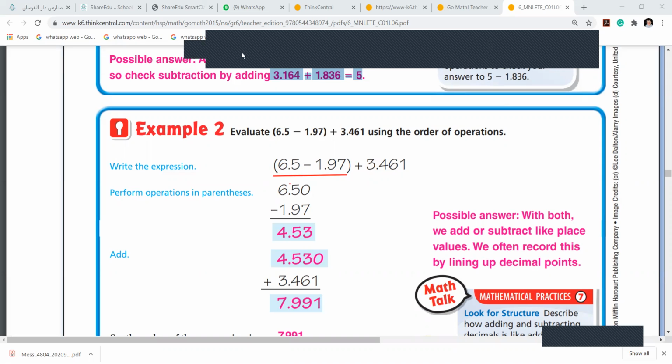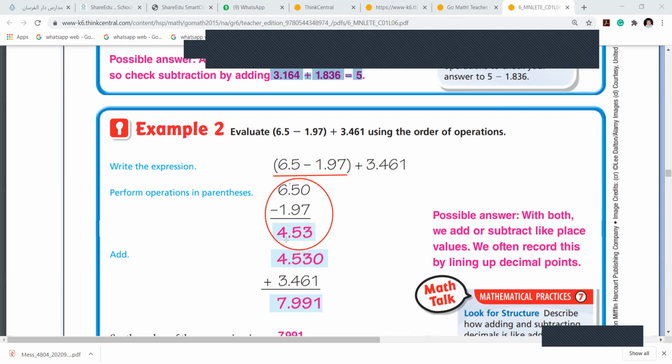That means you have to solve first the minus sign. I solved till here. Miss, if there is 6.5 less 1.97, it is in the bracket. You will solve the bracket first. Okay. I solved my bracket.